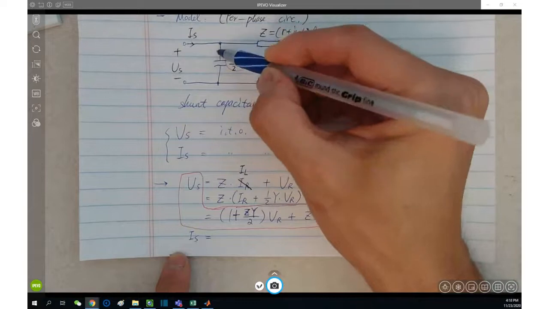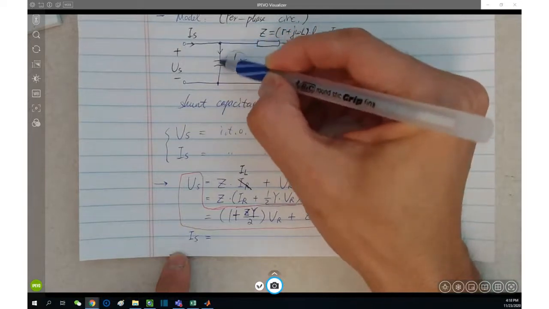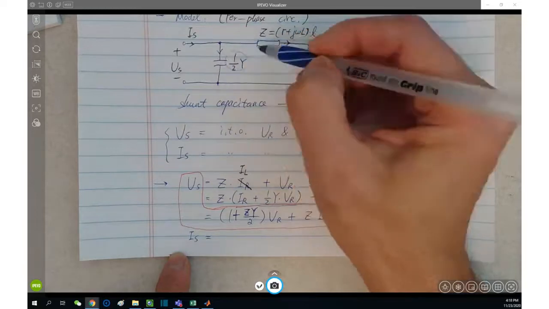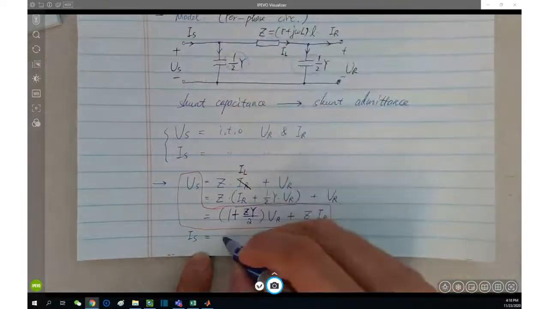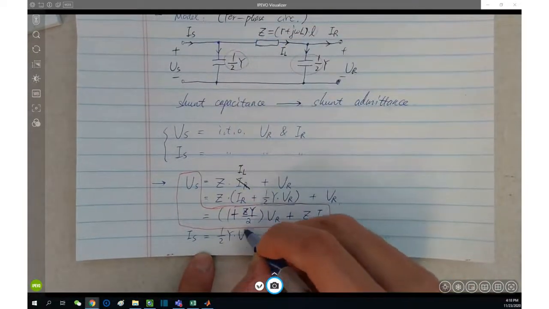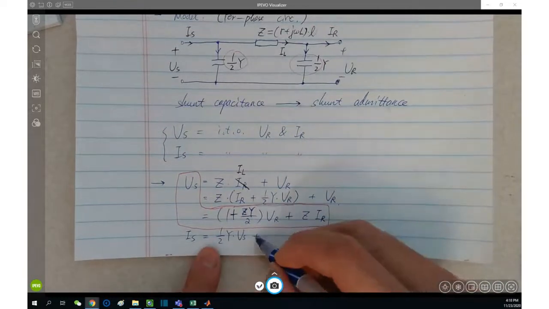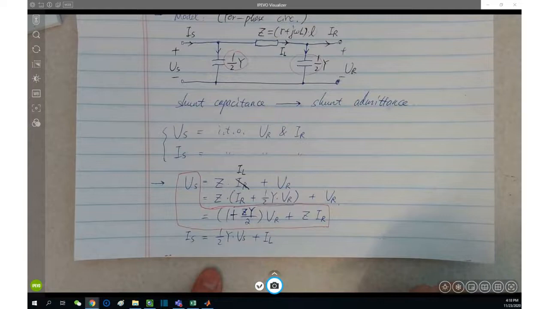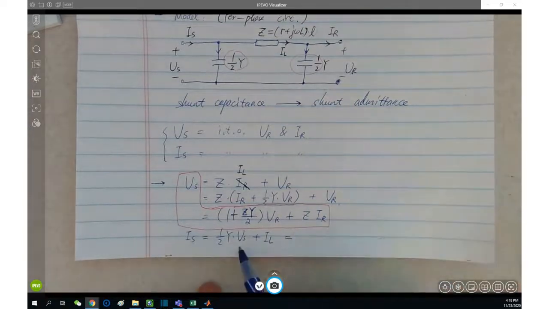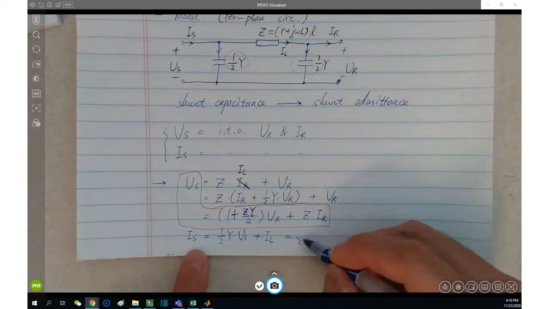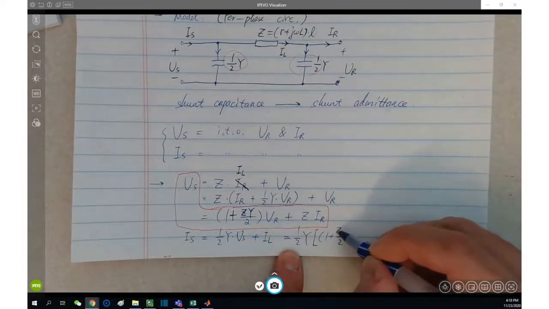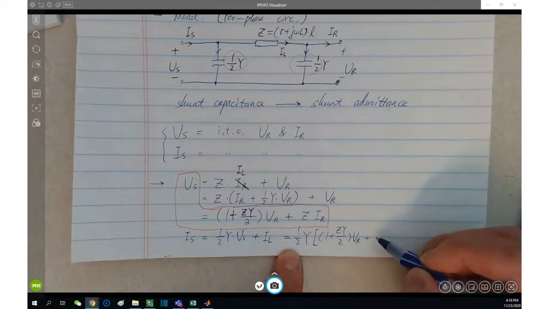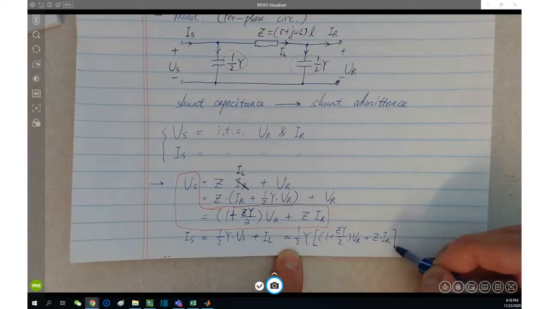So IS equals the current flowing through half Y plus IL, which is VS times half Y plus IL. Then you substitute VS with the previous equation, so half Y times a big bracket, plus IL.